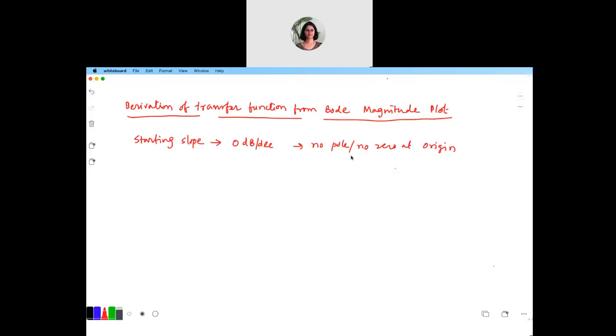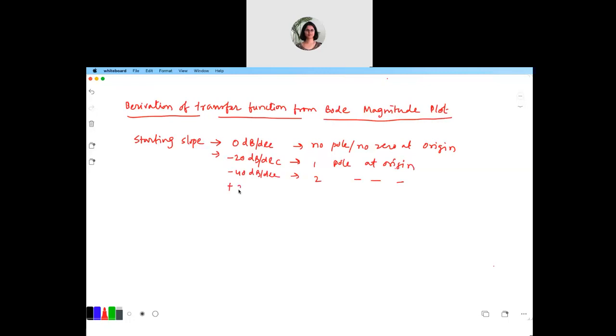Either S term in the numerator or S term in the denominator will decide this starting slope. If there is no S term in the numerator or denominator, the slope will be 0 dB per decade. If I have starting slope as minus 20 dB per decade, that means I have one pole at origin. If I have minus 40 dB per decade, then I have two poles at origin.